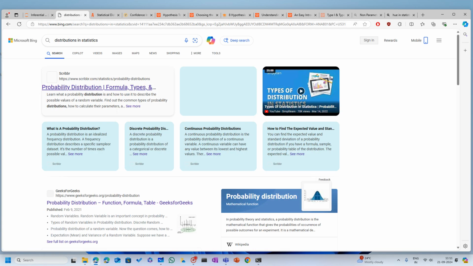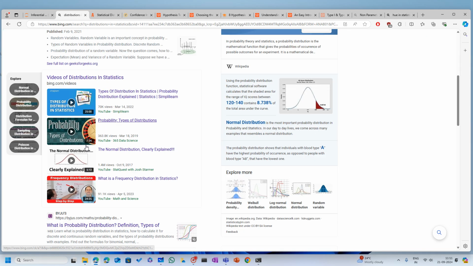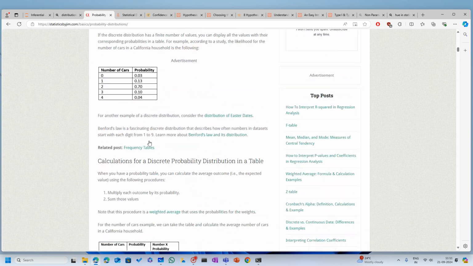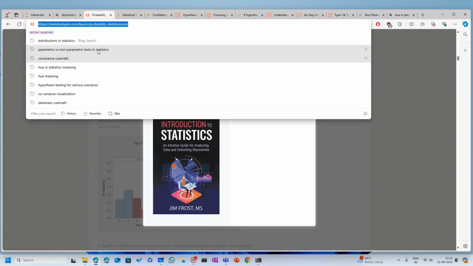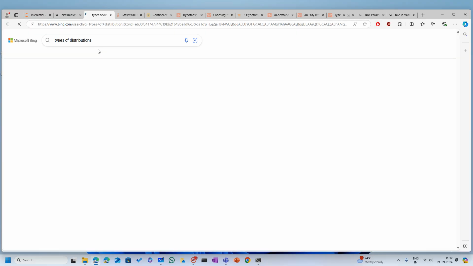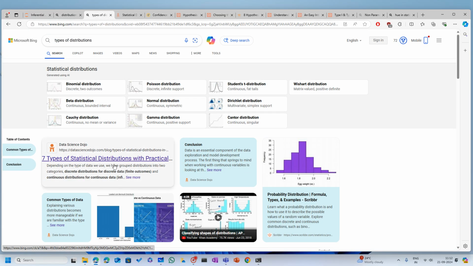So if you want to recall types of distributions, we will see. Yeah, this one.